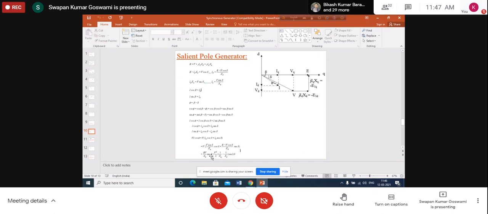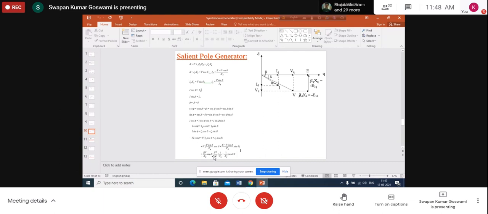That means this difference in the expression of active power is obviously due to the difference in the reactances or difference in the reluctances of the machine at the direct axis and at the quadrature axis. And that is the main source of difference. Okay, but this part is almost same.